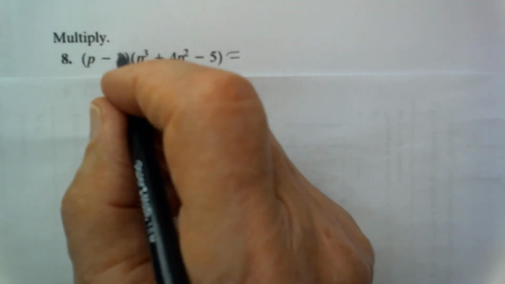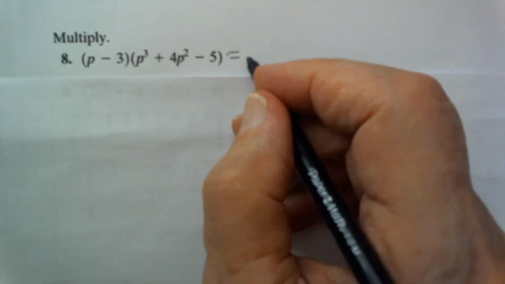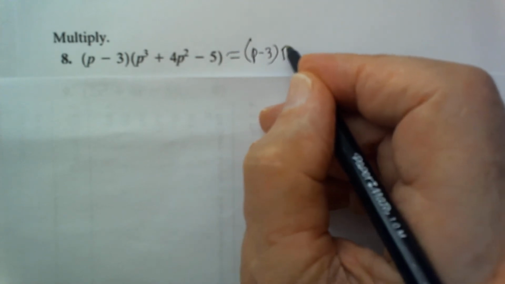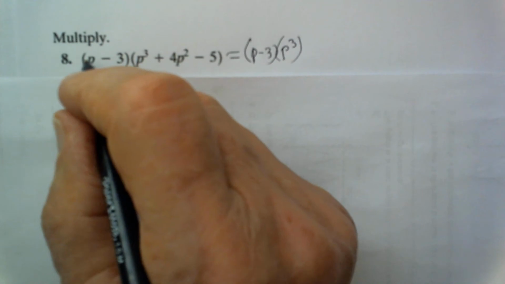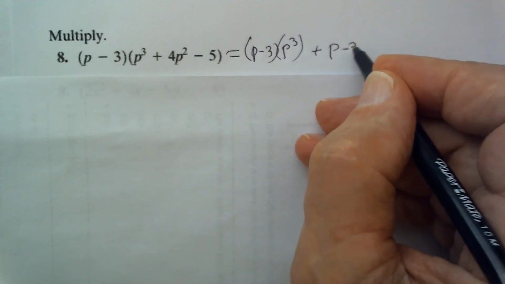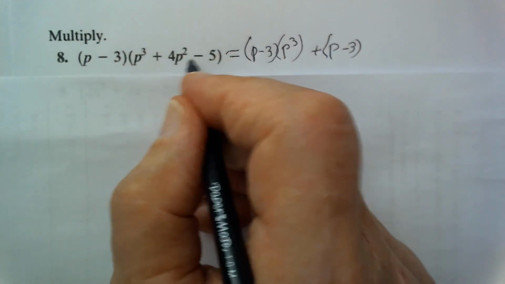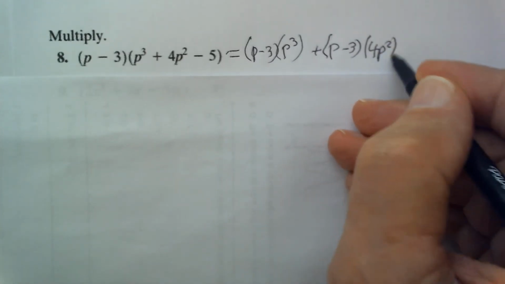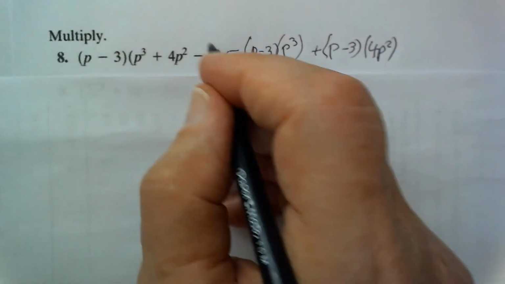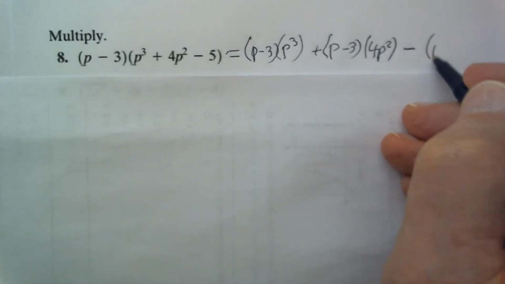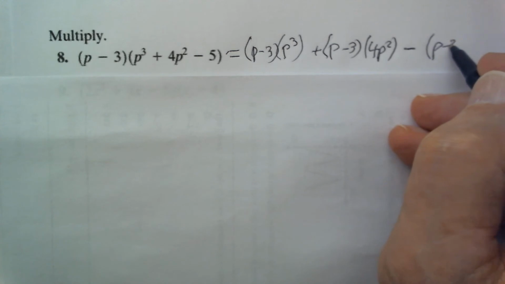So we multiply p minus 3 times p to the third, and we multiply p minus 3 times 4p squared, and p minus 3 times 5, but there's a minus sign, so minus p minus 3 times 5.